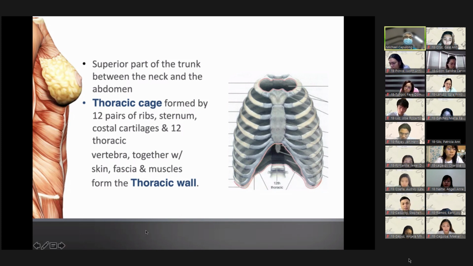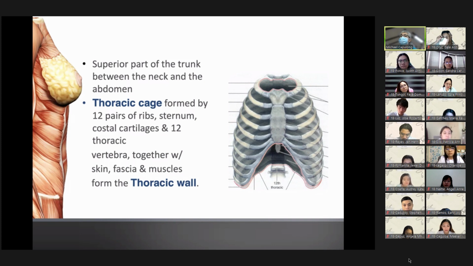Okay. Now, some of the things that I will be talking about, I will just review for you. Remember, like the ribs. So we've talked about it. And by classification, where do you put your ribs in the general classification of your bones? Guys?